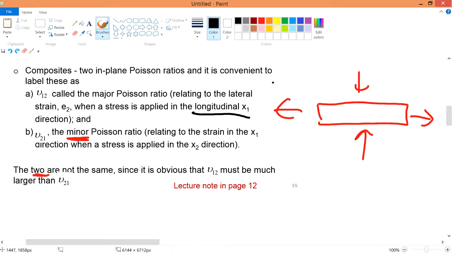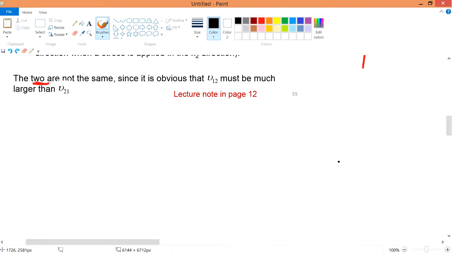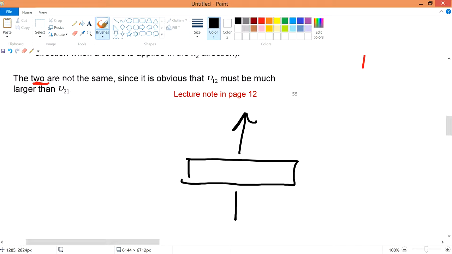When you apply a longitudinal load, the strain itself over here is pretty significant. There is a big strain. However, maybe I should draw this thing. If I were to apply a force in this transverse direction, there will be compression in this direction.